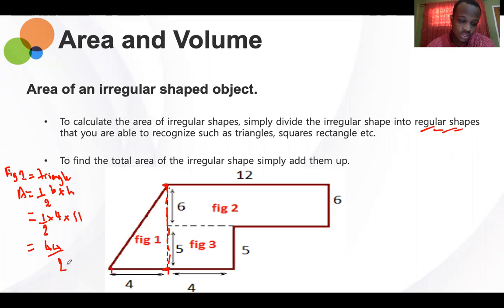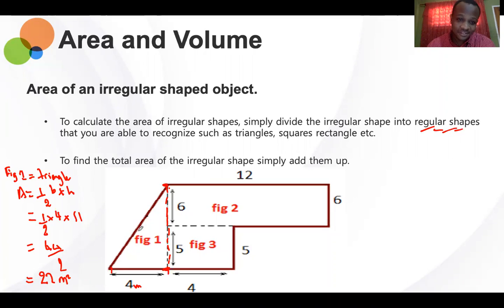All right, so 22 meters squared. Just assume that this is meters.